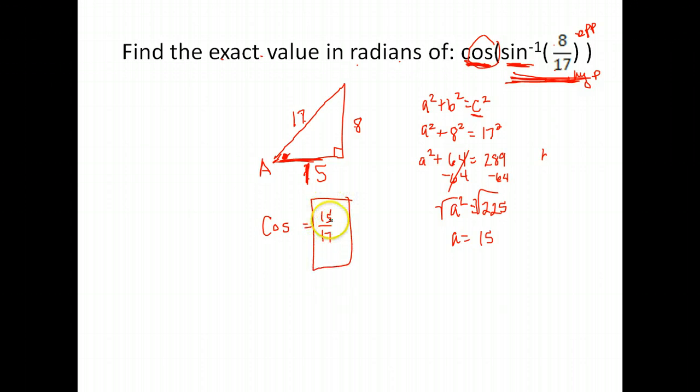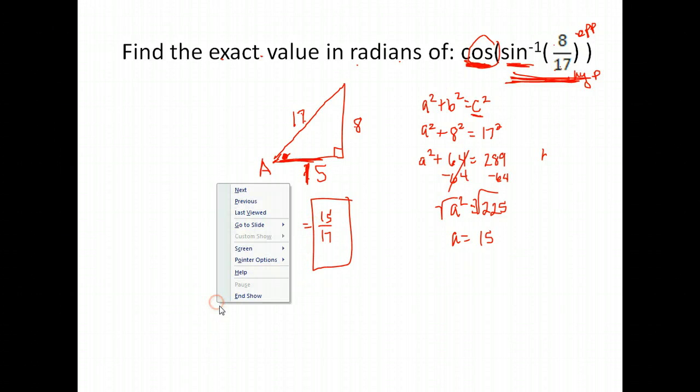Now notice that is an exact answer, not necessarily in radians as it would be if we're asking for the angle. So this is the exact answer. The cosine of the angle whose sine is 8/17 is 15/17.